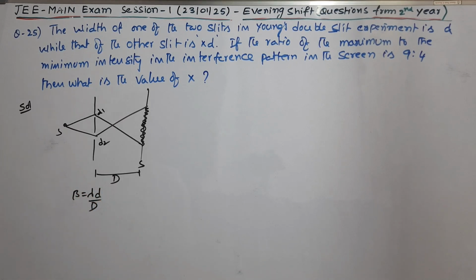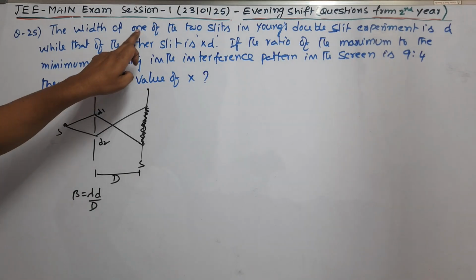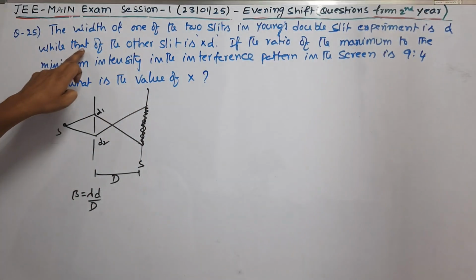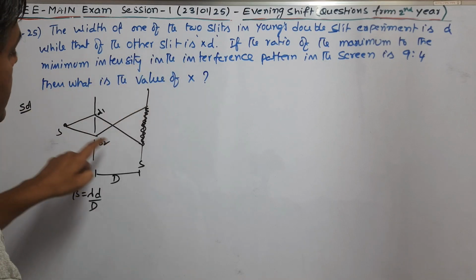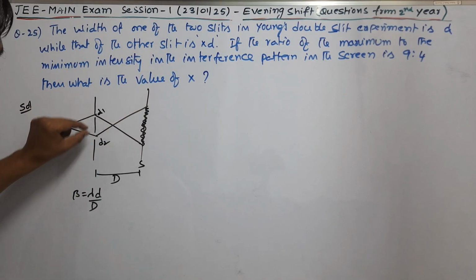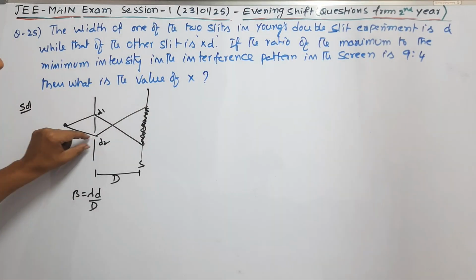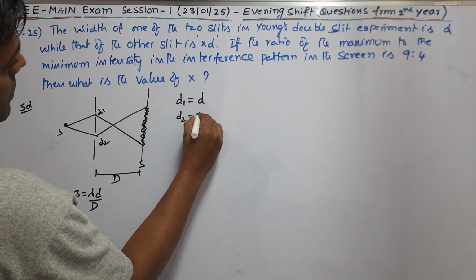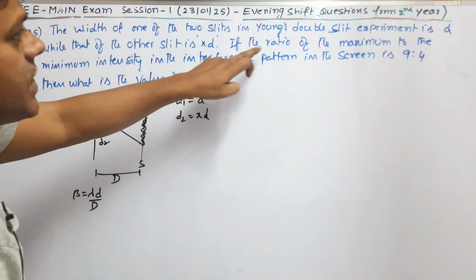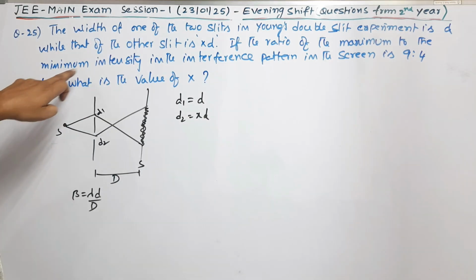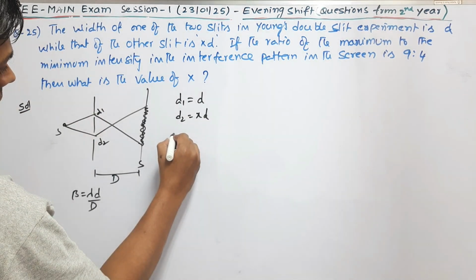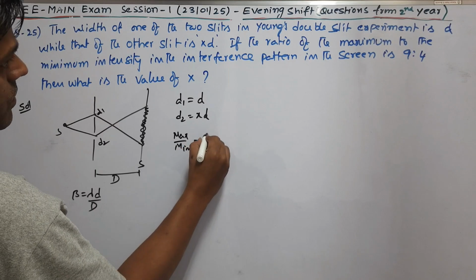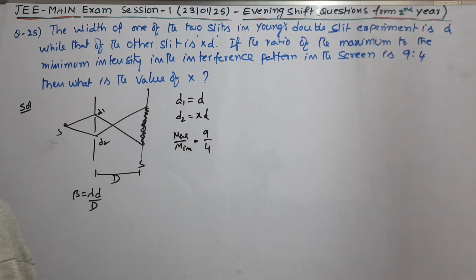So what is given? The width of one of the two slits in Young's double slit experiment is d, while that of the other slit is xd. That means d1 is equal to d, d2 is equal to x into d. The ratio of the maximum to the minimum intensity is 9 by 4.